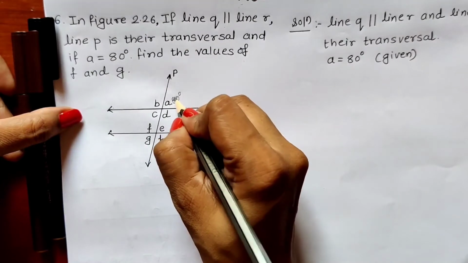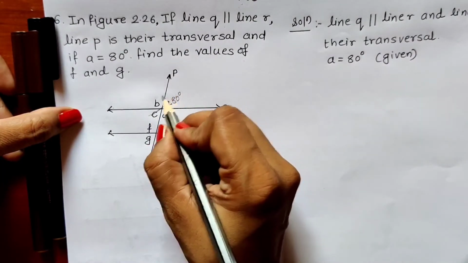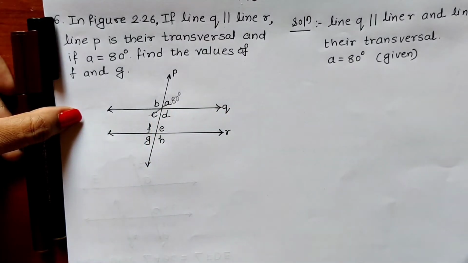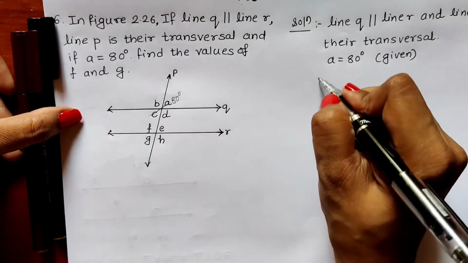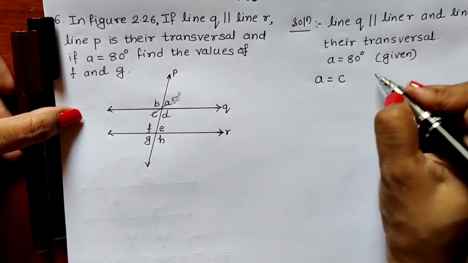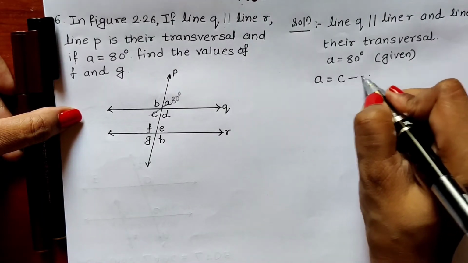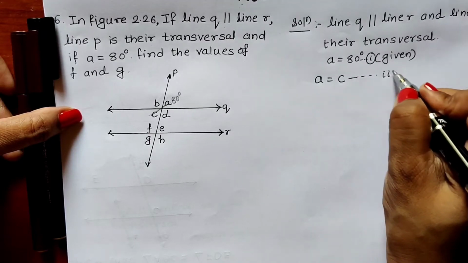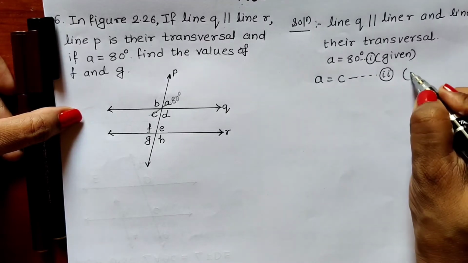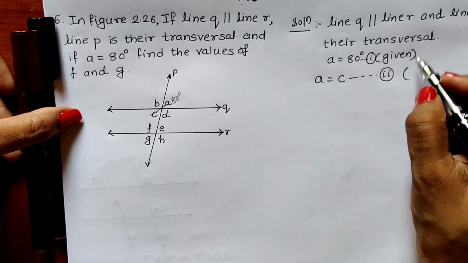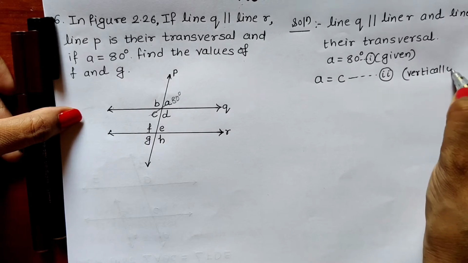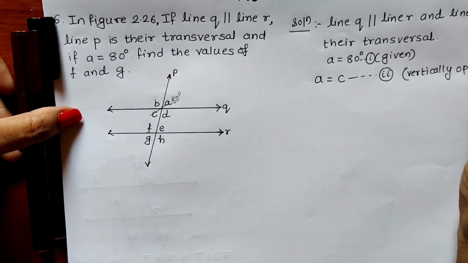So if you observe this A and C, these are vertically opposite angles. These are in the shape of X and they are vertically opposite angles, and that's why they are congruent with each other. They are equal. A is equal to C. The reason we should write here, this can be number 1. Here I will give it number 2, and reason we will write in the bracket: vertically opposite angles.